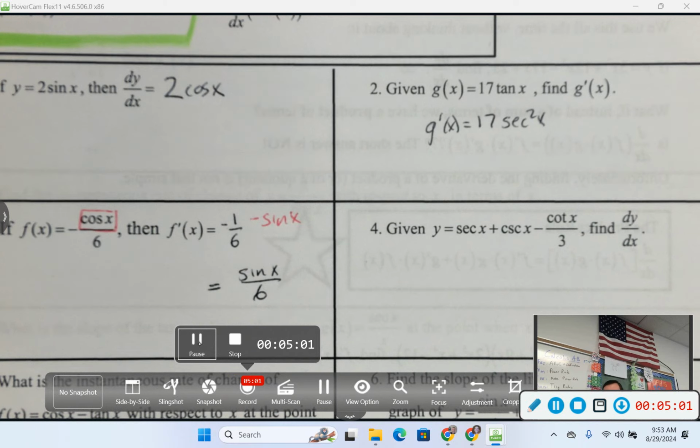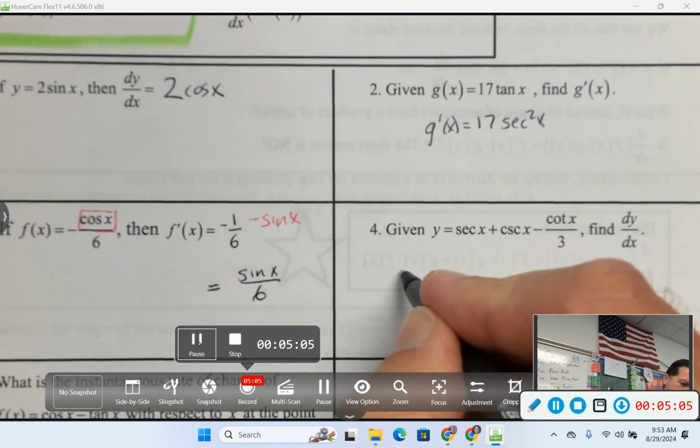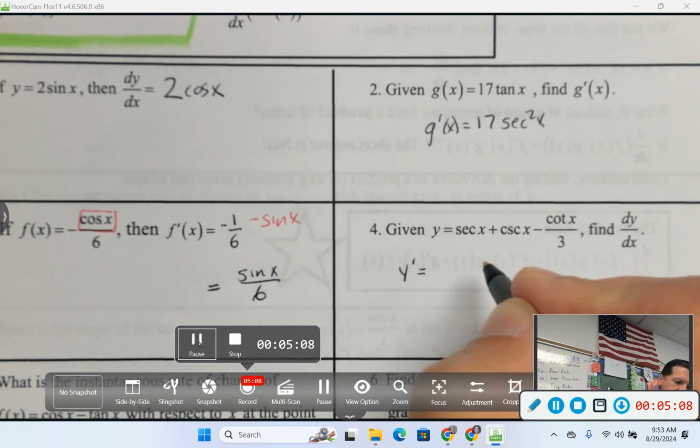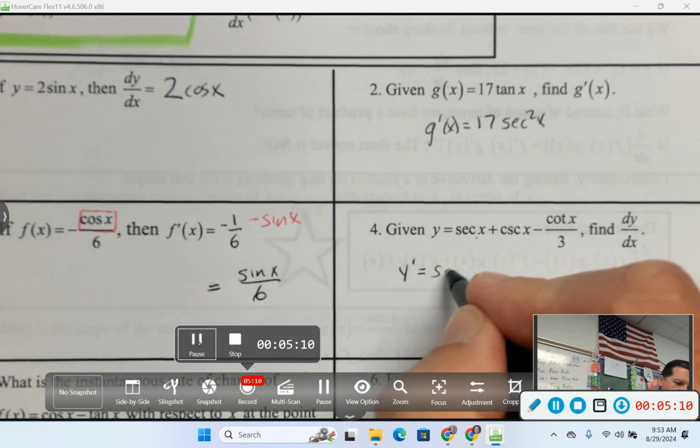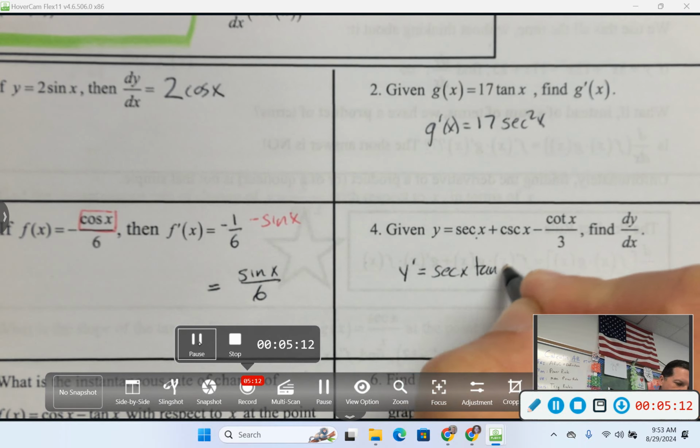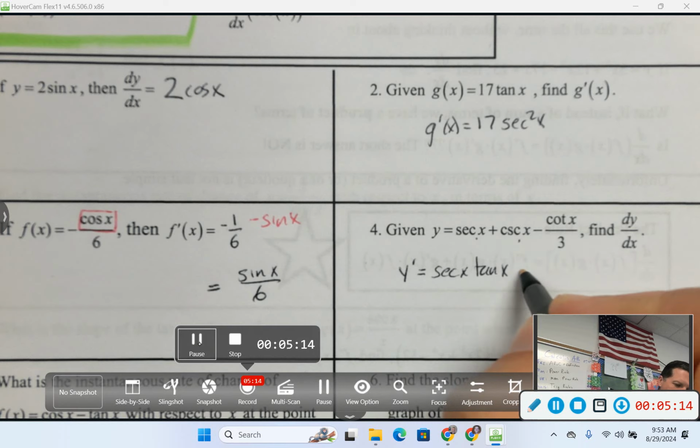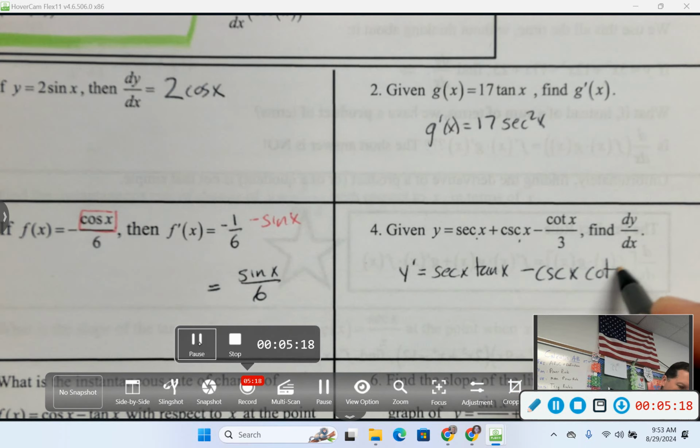Number 4, it's just more of the same stuff. So y prime equals derivative of secant, secant tangent. Derivative of cosecant is negative cosecant of x, cotangent of x. Minus 1/3.